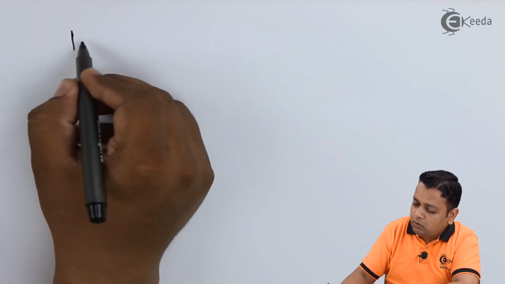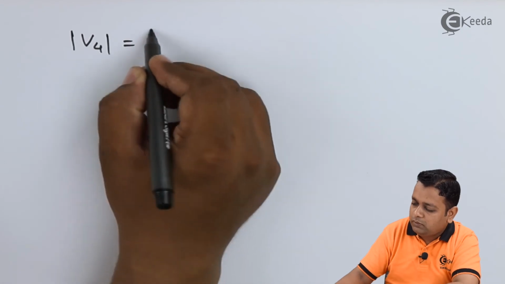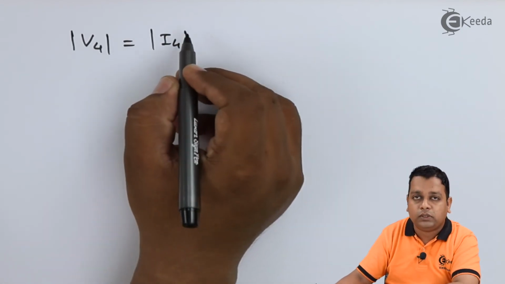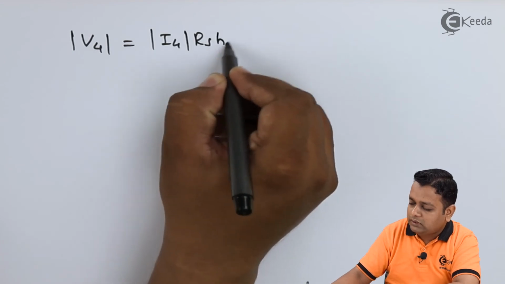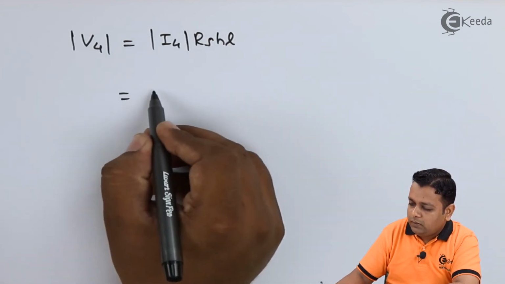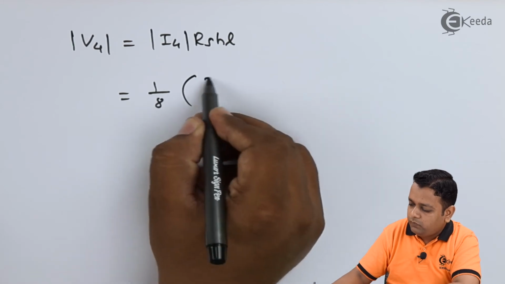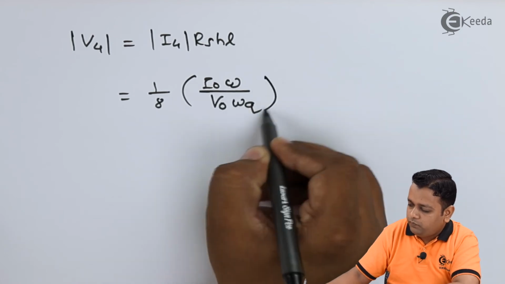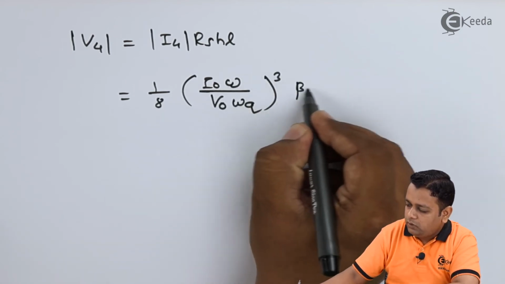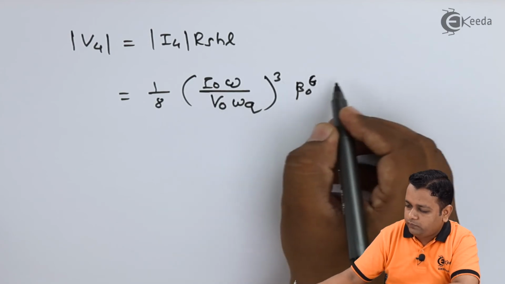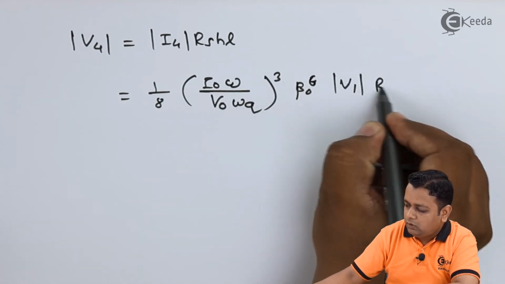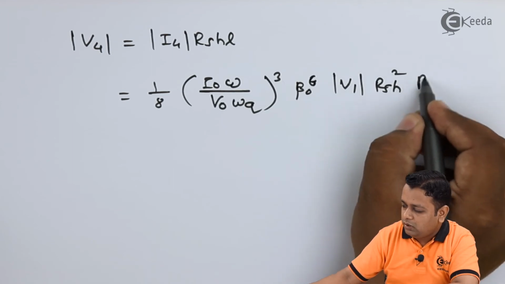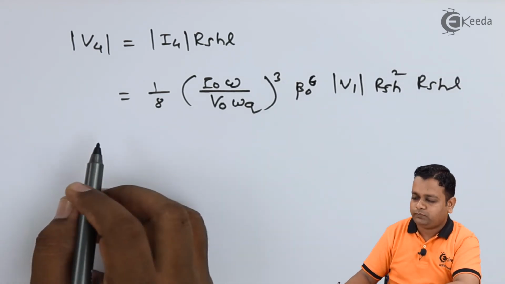The output voltage next to it can also be written in the same form. So it will be mod of V4, the multiplication of mod of I4 from the previous equation into RSHL. So this will become 1/8 (I0 ω / V0 ωq) cubed, β0 to the power 6, mod of V1 into RSH squared into RSHL here.